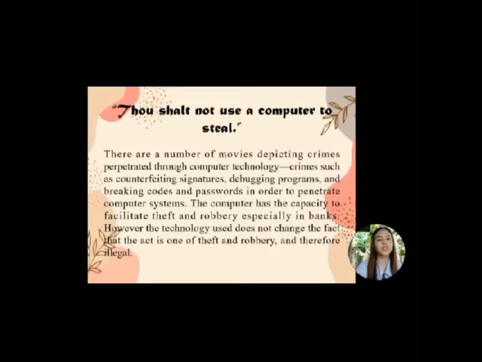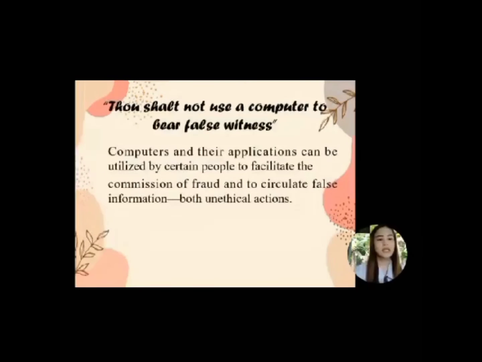However, the technology used does not change the fact that it is robbery and therefore illegal. The internet can spread untruth as fast as it can spread truth. Stealing sensitive information or leaking confidential information is as good as robbery.